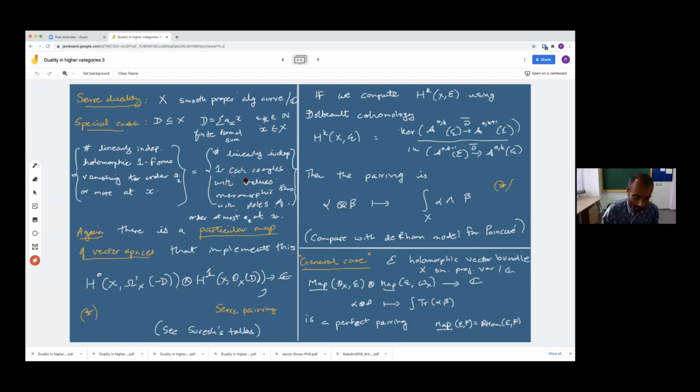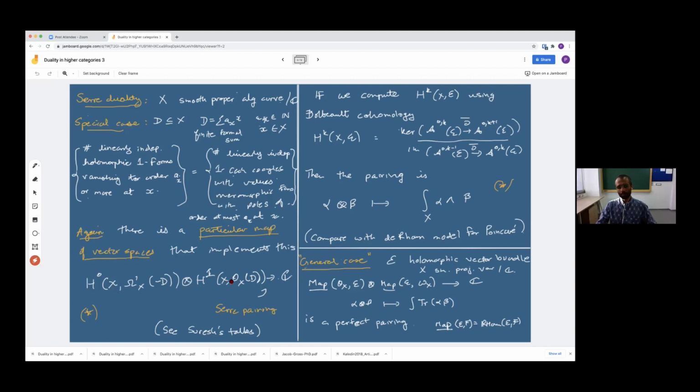But in any case, my point is that a statement like this, that you have this perfect pairing, is really a statement about counting certain things, counting some very explicit things. And you might discover these things by first counting something and finding that the number of holomorphic one forms with some behavior can be described as one-check cocycles of meromorphic functions with some particular pole behavior.